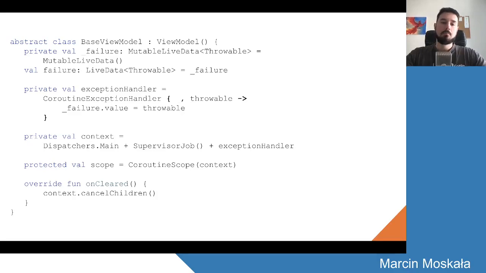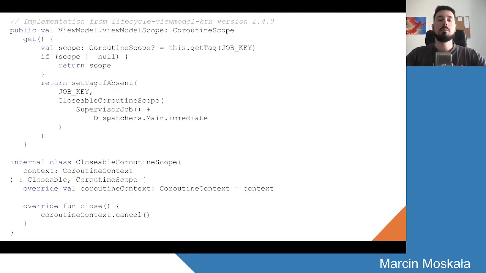As I said, we often do not do that nowadays because we use view model scope. But how does view model scope look? If you check its implementation, you will see that it just creates a closable coroutine scope with a supervisor job and Dispatchers.Main.immediate, and it also cancels the scope in case of this view model being closed.